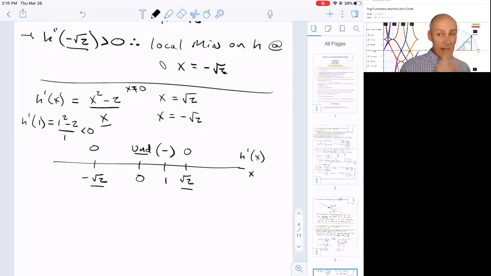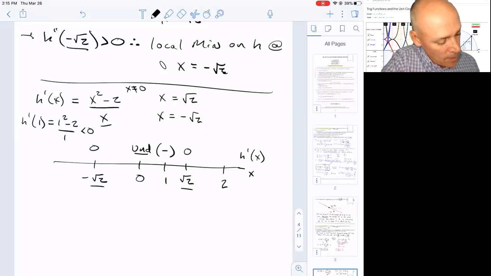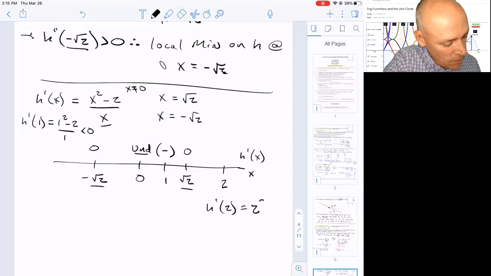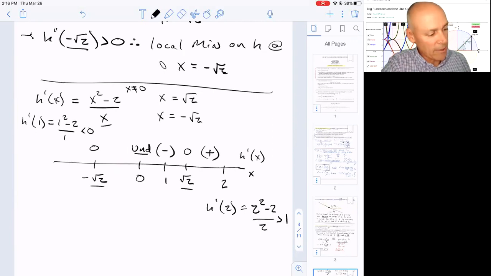If I check 2, h prime at 2 is equal to 2 squared minus 2 over 2. I get 4 minus 2 is 2, over 2 is 1. So that's going to be positive. On the other side of this 0, it changes and I get a positive value.